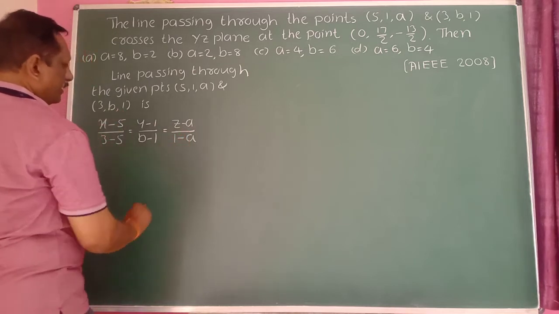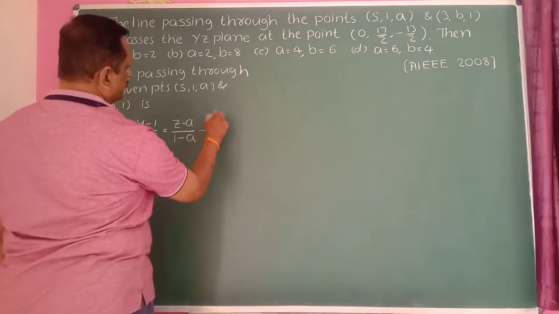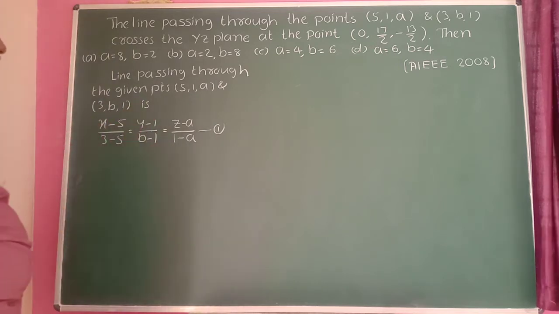This is the equation of the line passing through these two points.